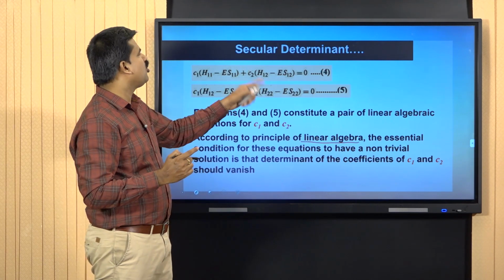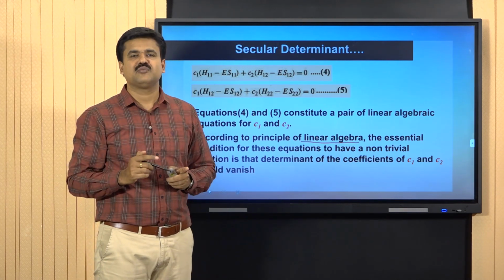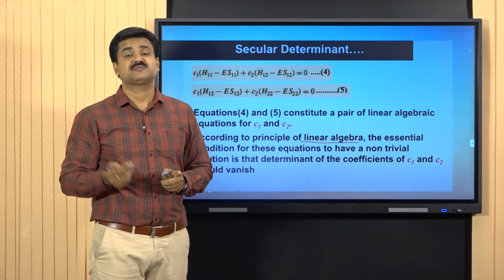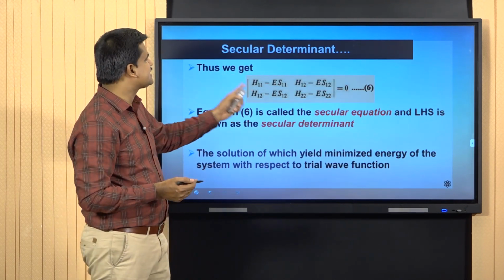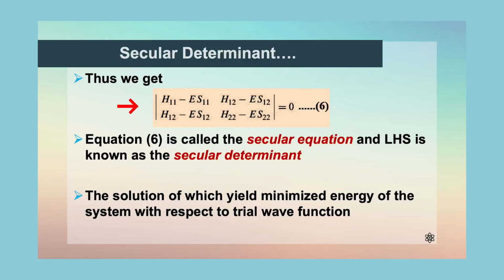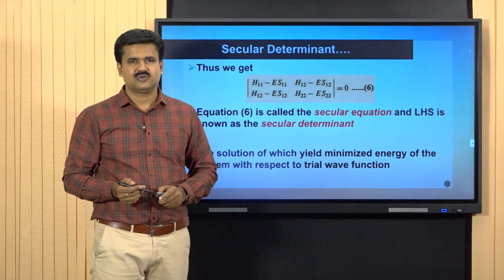That is, the coefficients can be set out in the form of a determinant, and that determinant must be equal to 0. This is such a determinant: H11 minus E S11, H12 minus E S12, H12 minus E S12, H22 minus E S22. And this determinant is equal to 0.